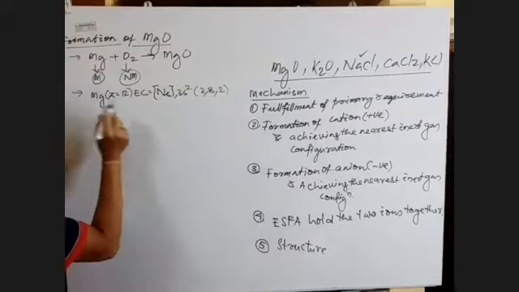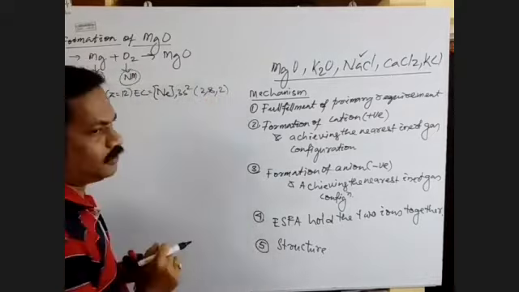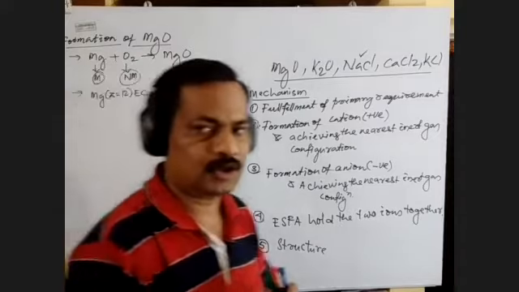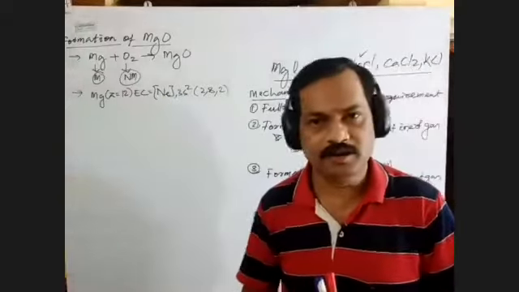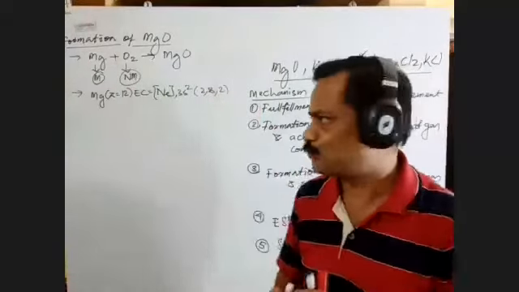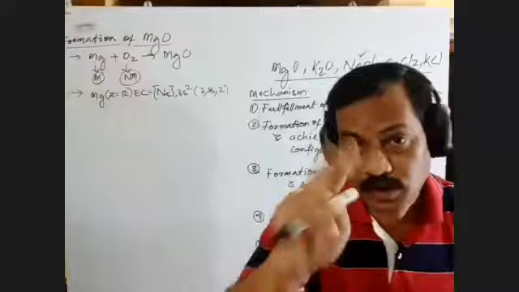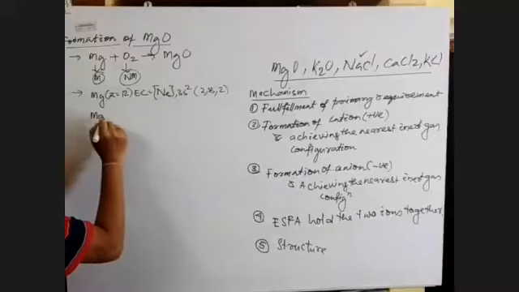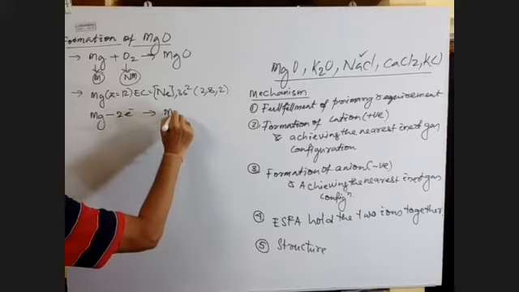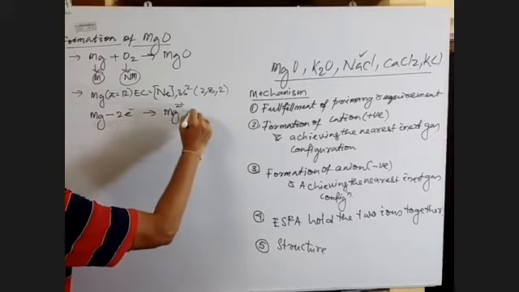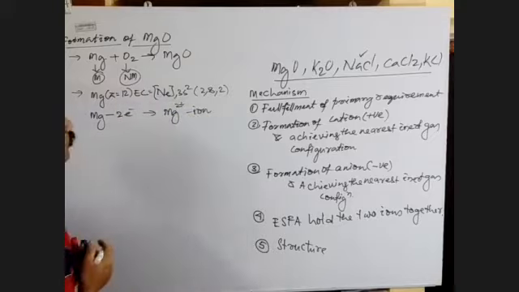Because it has 2 electrons, it has a tendency to lose how many electrons? 2 electrons, because it is an alkaline earth metal with group valency 2. So magnesium will lose 2 electrons and form the magnesium 2 plus ion.